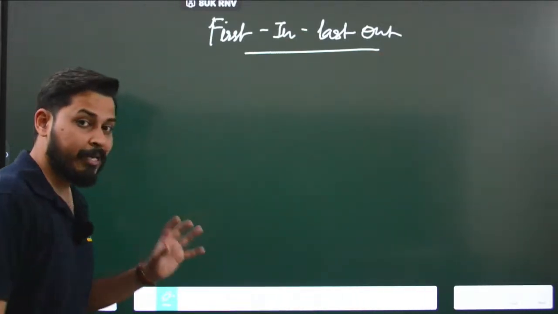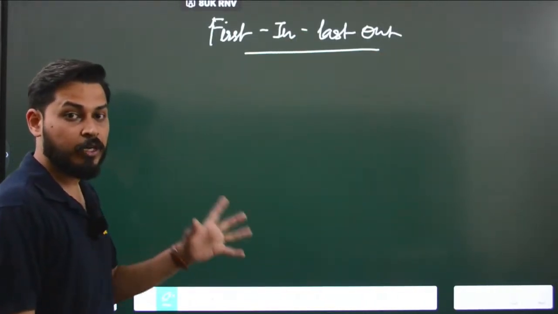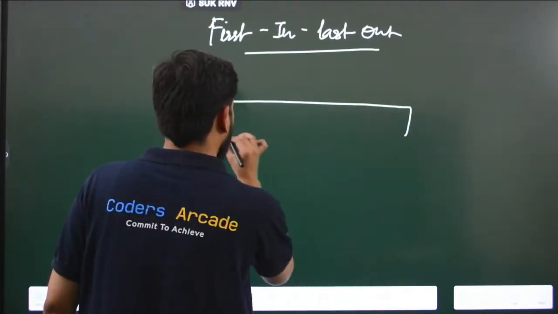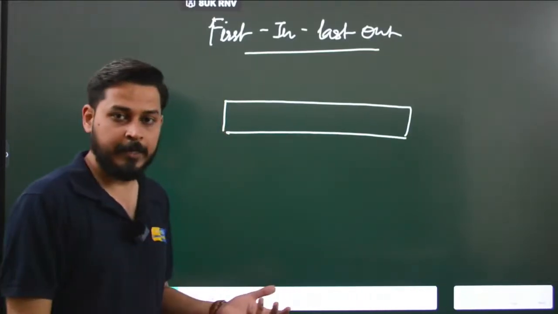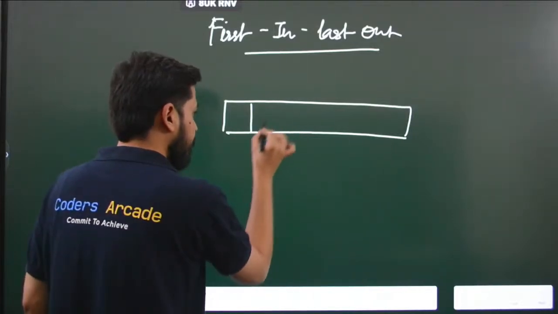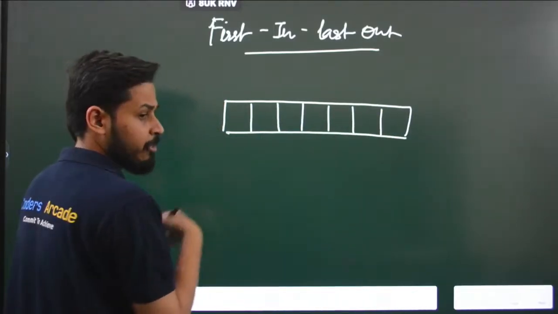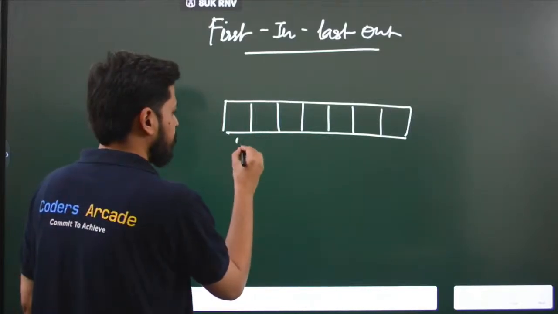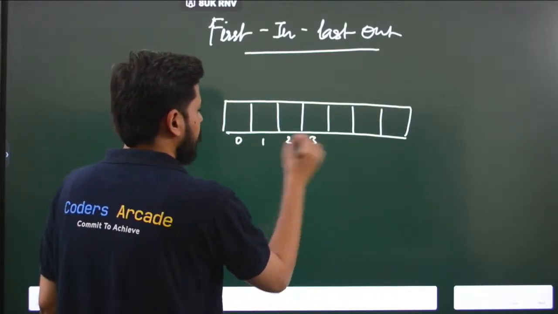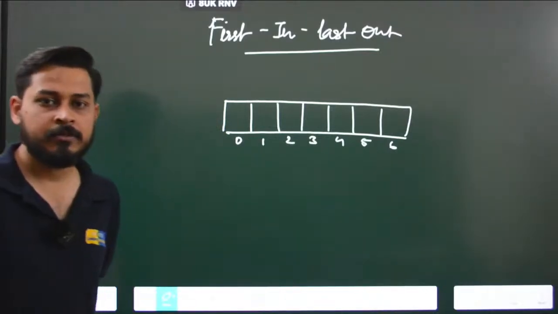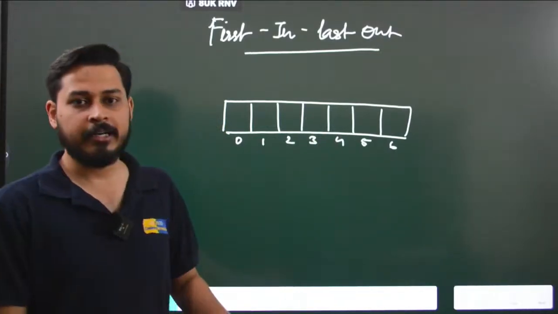So to make this configuration work, I can have an array, and let's say I have some random numbers array. Basically, let's say indexes 0, 1, 2, 3, 4, 5 and 6. I said these are my indexes, and this is my array.